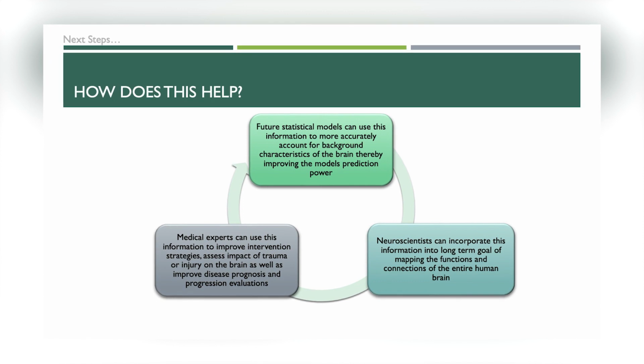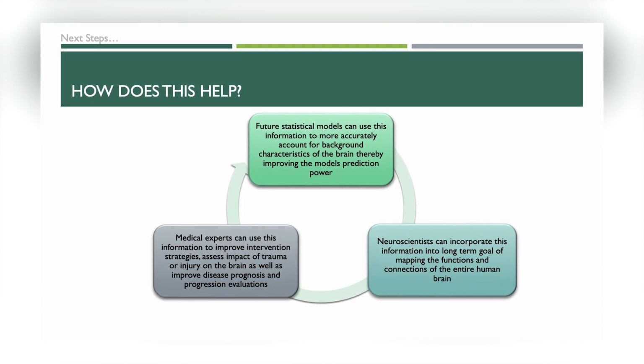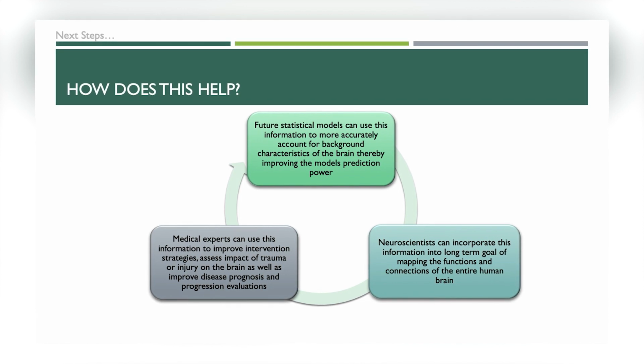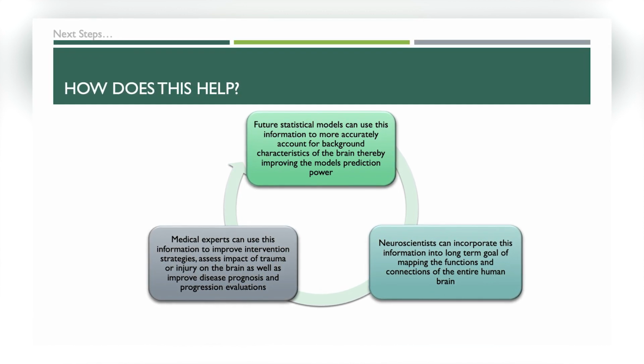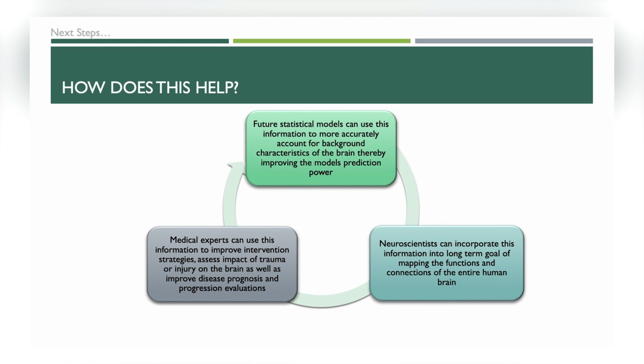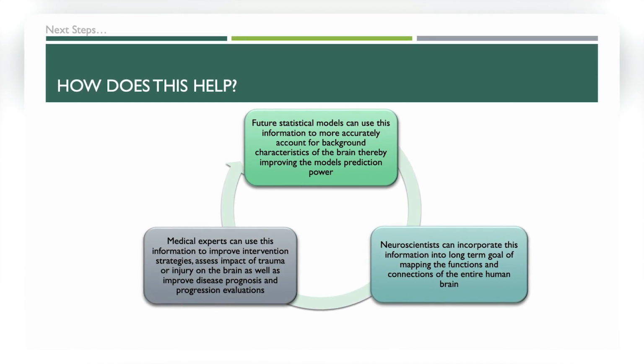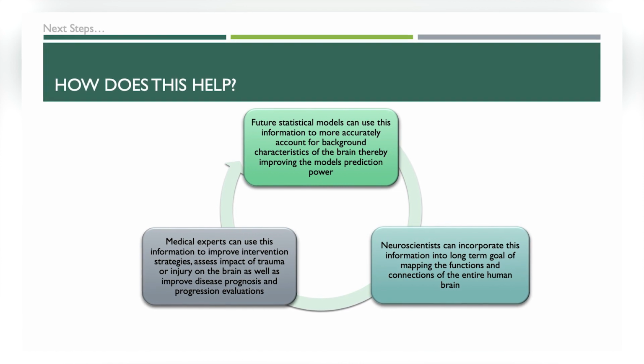Additionally, the overall goal of a lot of neuroscientists is to map the human brain entirely, to map this human connectome. And of course, understanding the background connectivity of our brain is really important to this mapping process because we are typically at rest or completing a task.